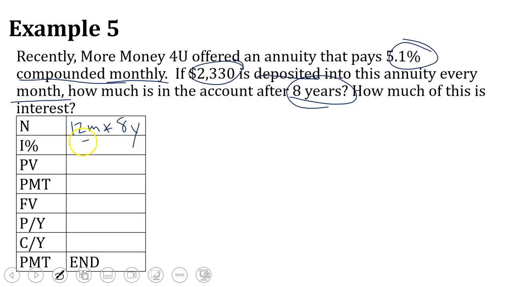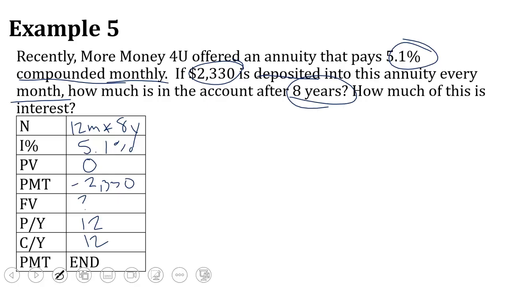My interest is 5.1%. My present value is 0. My payment is $2,330. We do not know the future value, and we pay all 12 months.